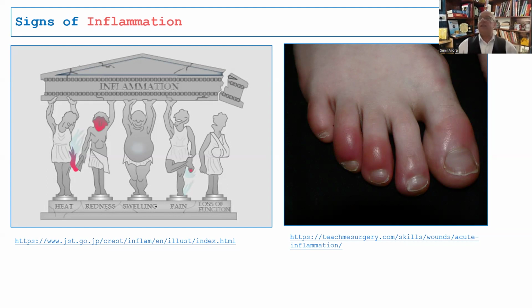So, as I said, neutrophils are the first cells which get recruited, and they are basically the cells which are present in the circulation. You can find about 50 to 70% of the total leukocytes are neutrophils or polymorphonuclear leukocytes. They get recruited because of all that process we have discussed.